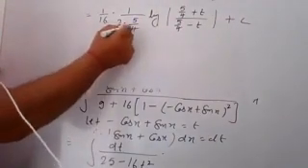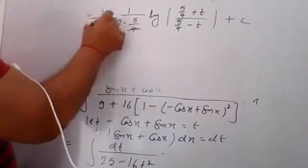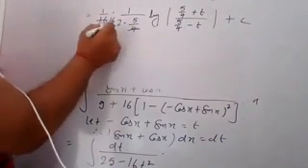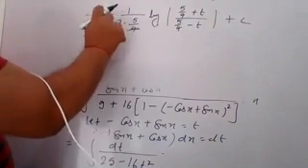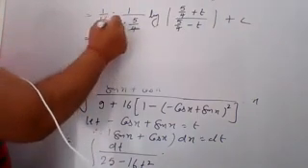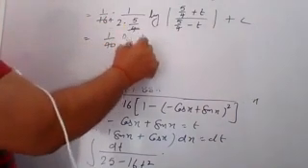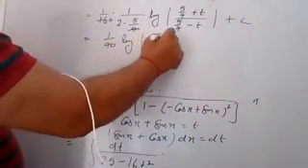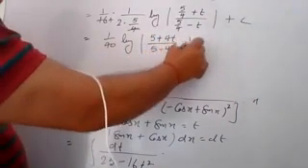So just simplifying, here you have 4 4s are 16, right? So 4 4s are 16, 8 5s are 40. So 1 upon 40 log 5 plus 4t upon 5 minus 4t plus c.